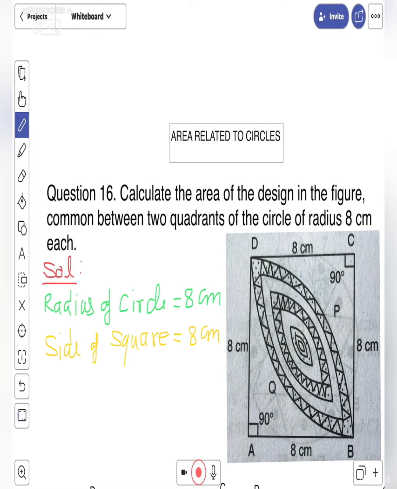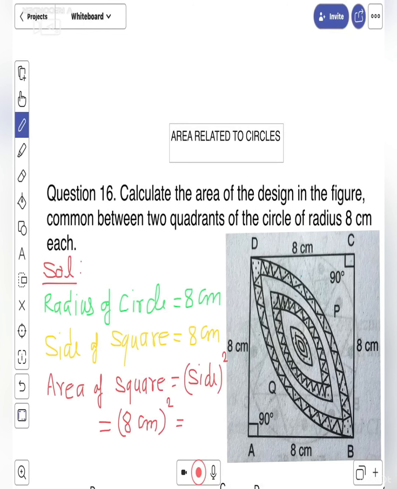Now first of all we will find here the area of the square. The area of square, you know the formula is side square, and side is given as 8 centimeter, and this is the square.